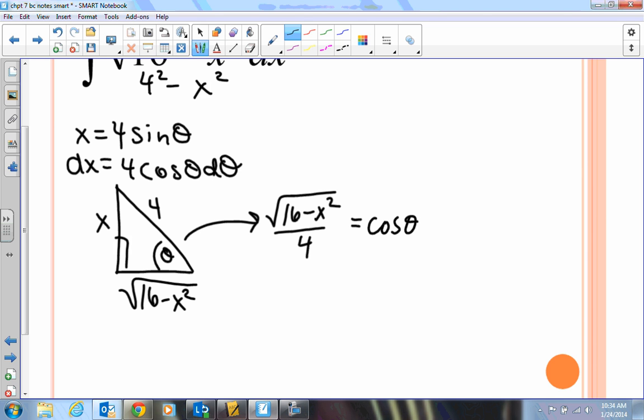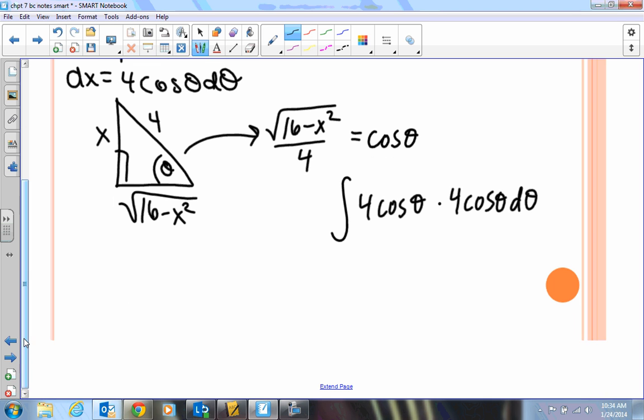And now we're going to sub in. Okay. So we had the integral of this guy, so it would be 4 cosine theta times my dx, which was 4 cosine theta d theta. So that's 16 cosine squared theta d theta.